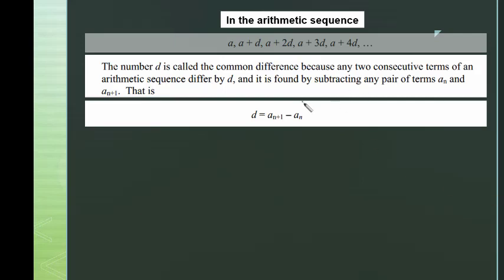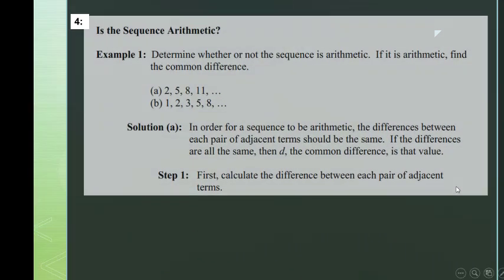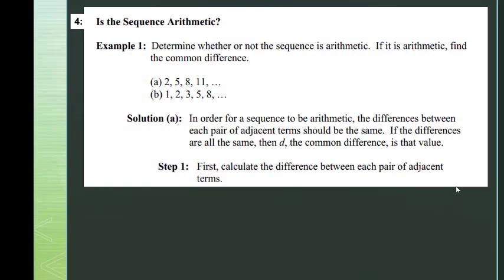And this common difference must be equal by subtracting each previous term from its next term. So in the following sequence, we want to know, is the sequence arithmetic or not?